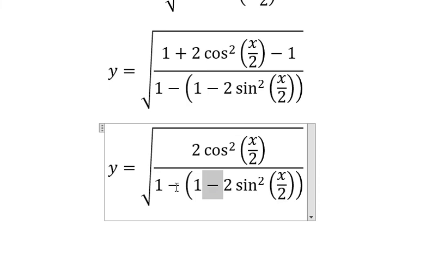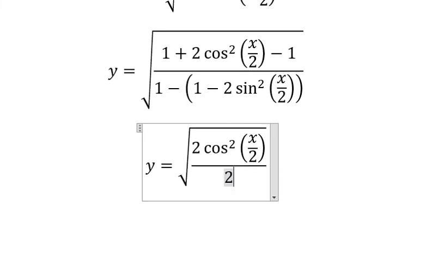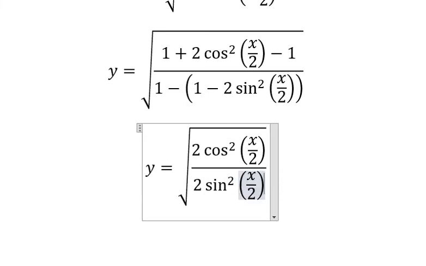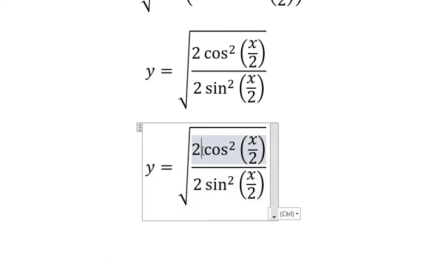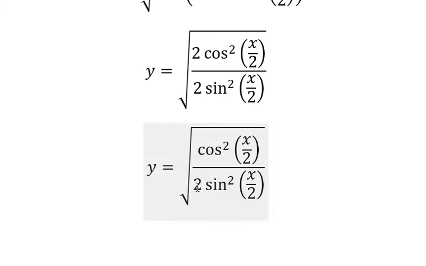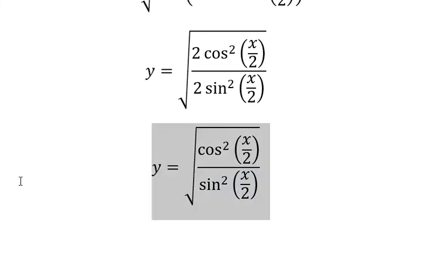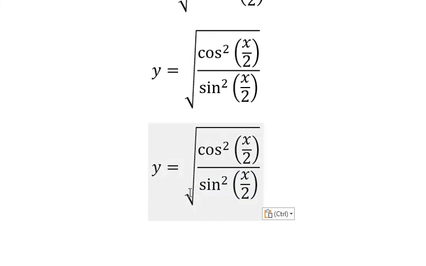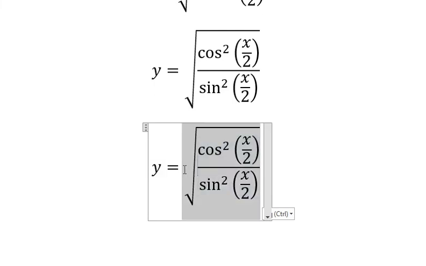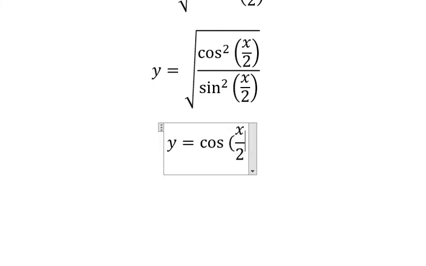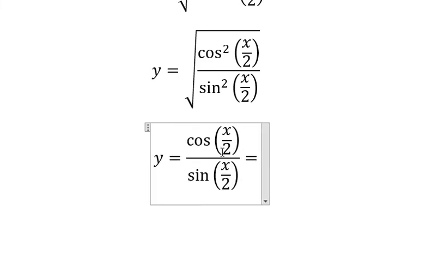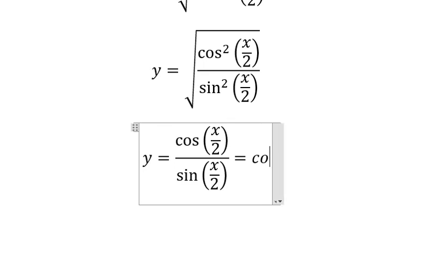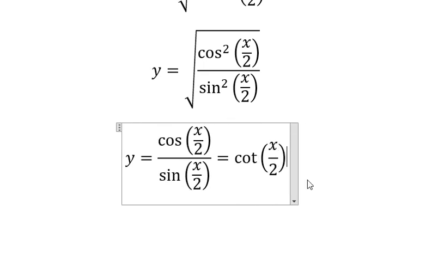Negative and negative, we have positive. So 2 divided by 2. The square root, we cancel the power 2 in here. And we know that this is about cosine s over 2.